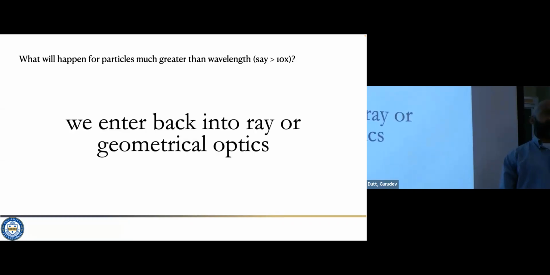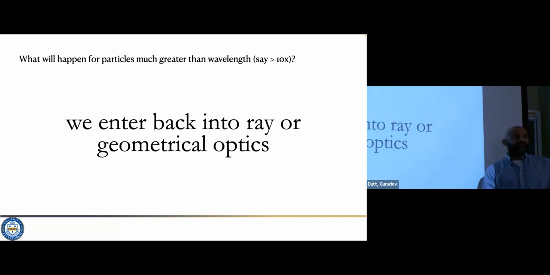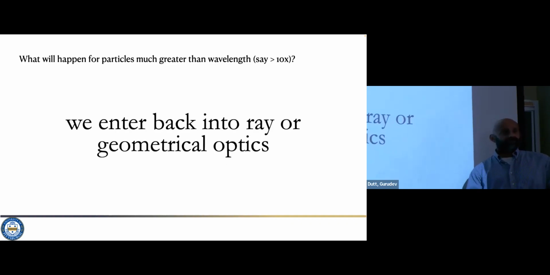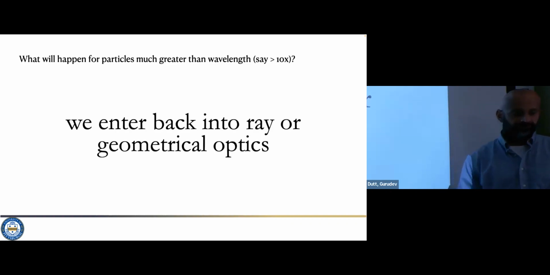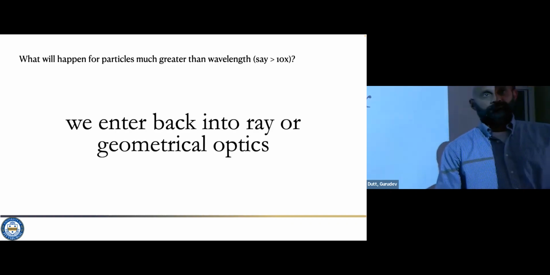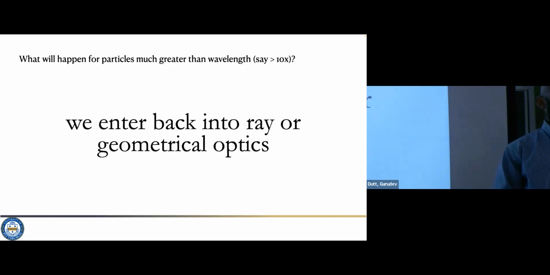We can come back to ray or geometrical optics. Remember, initially I said that the ray or geometrical optics picture is what predominantly we see when we look around, because most of the things that we observe on a human scale tend to be much greater than a wavelength.